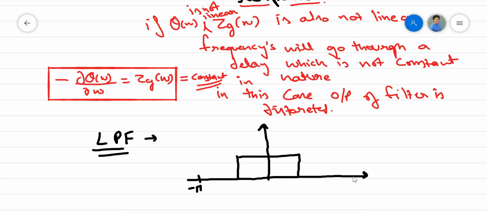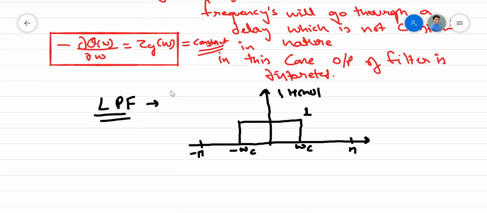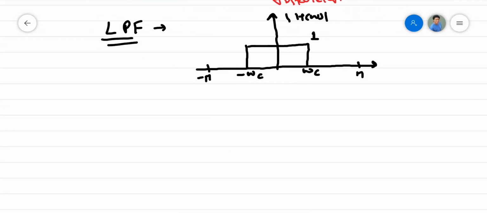It is minus pi to pi in the frequency domain, and the magnitude of H(omega) has a constant gain, so we'll say it is 1, and it allows frequencies from minus omega c to omega c. Okay, so this is our LPF, and this is our H(omega).